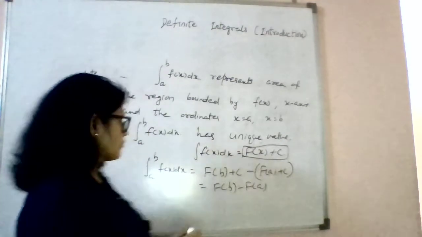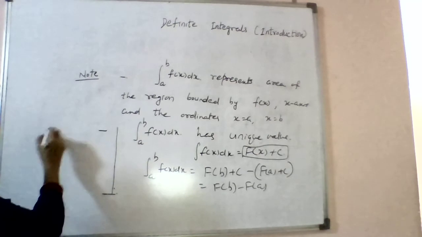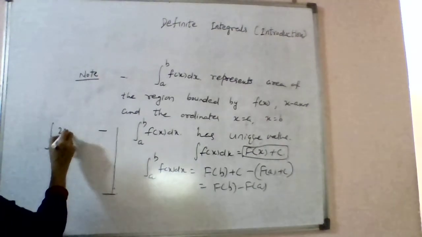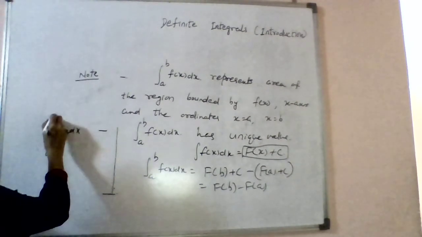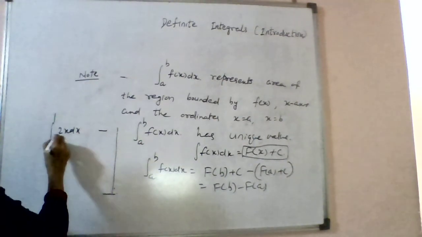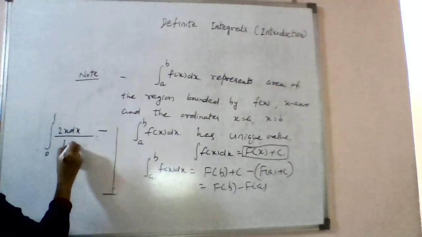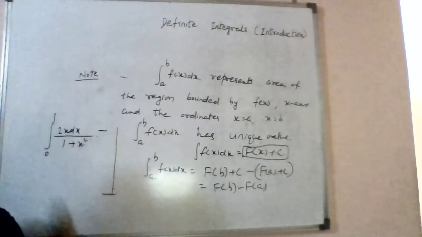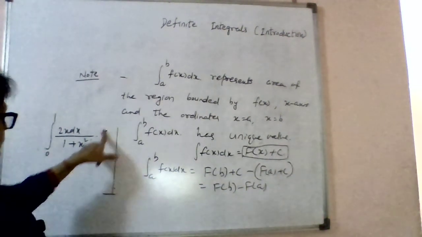One more thing you can note down. Suppose, for example, I write here the integral of 2x dx by 1 plus x square, from 0 to 1. A simple integral I am taking just to show you how it works.